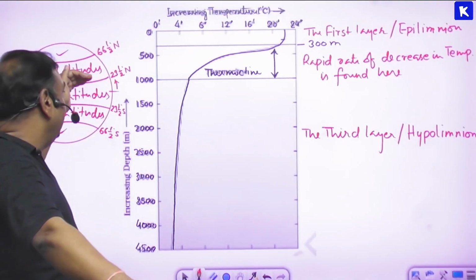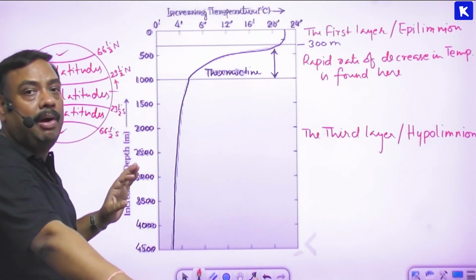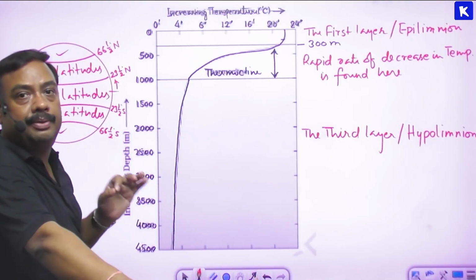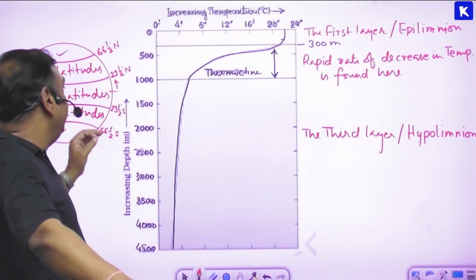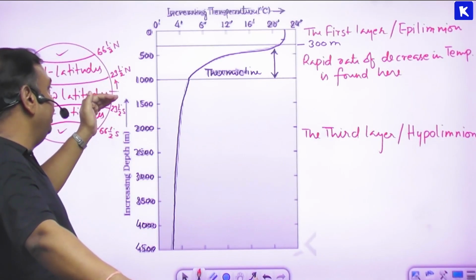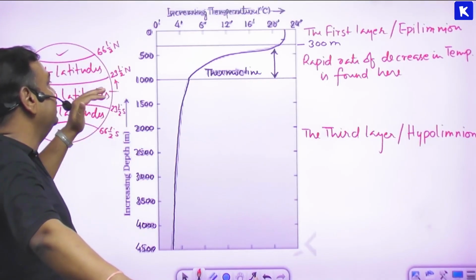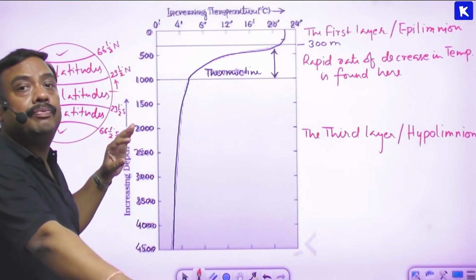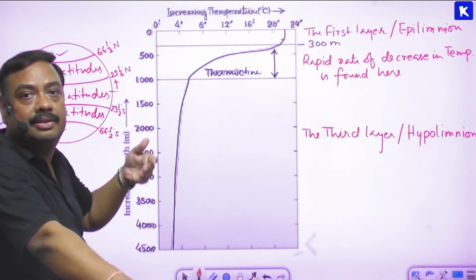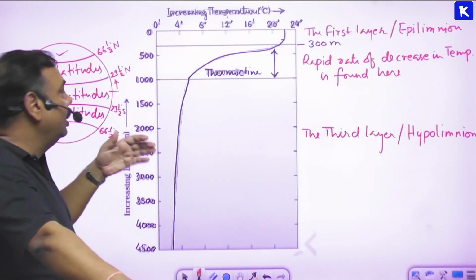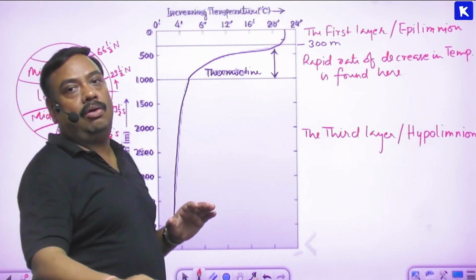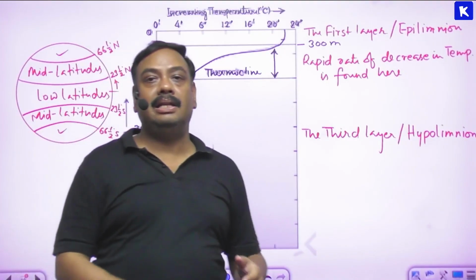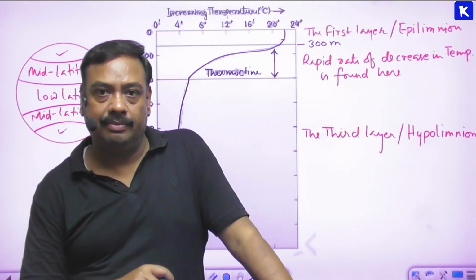In the northern mid latitudinal region, I am talking about the movement of solar radiation after 21st of March. Since the solar radiations are moving towards the Tropic of Cancer, the temperature in the mid latitudinal region is also getting increased. When anywhere on the Earth's surface the temperature is getting increased, you can say it is the summer season for that region.